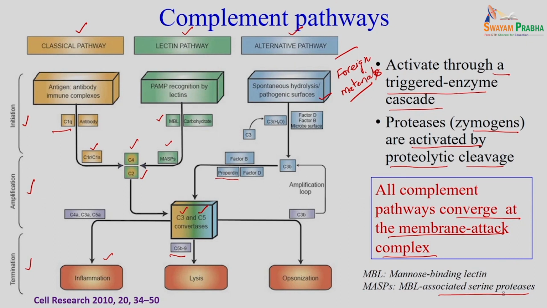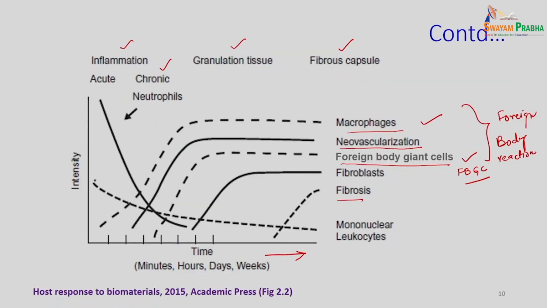So, in the complement pathways, we have the classical pathway, lectin pathway and alternative pathway. So, these are the interaction or host response which is coming particularly from the cell surface interactions. Now, as we know the cell material interaction is dependent on the surface protein interaction.